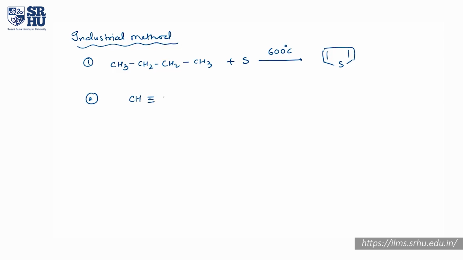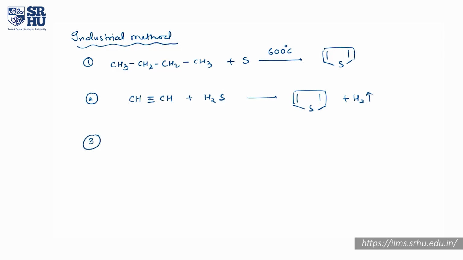So take acetylene and react it with hydrogen sulfide gas, then you also get thiophene. Okay. So the whole process over here is actually a dehydrogenation process. The hydrogen is removed.